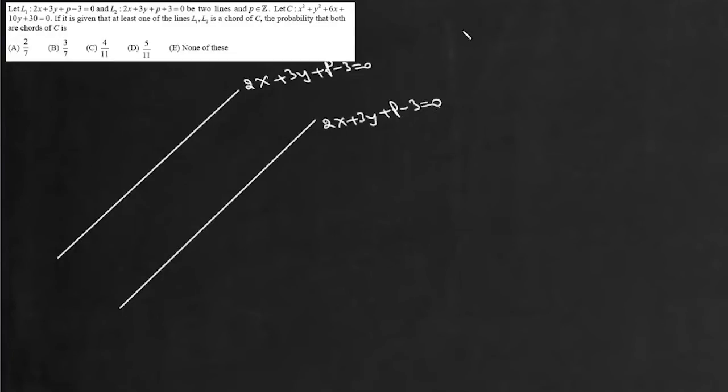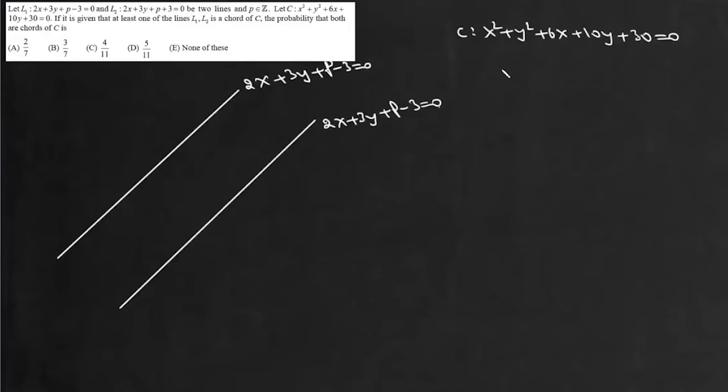And we have this circle which is x square plus y square plus 6x plus 10y plus 30 equals 0. If it is given that at least one of the lines is a chord of the circle C, then the probability that both are chords of C is. Now first we have to find the condition that at least one of the lines is a chord of C.